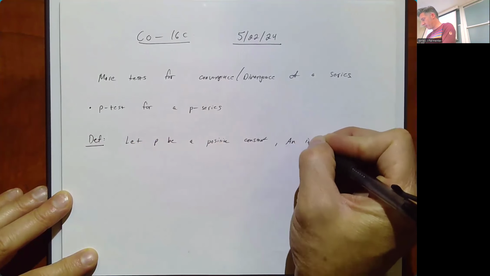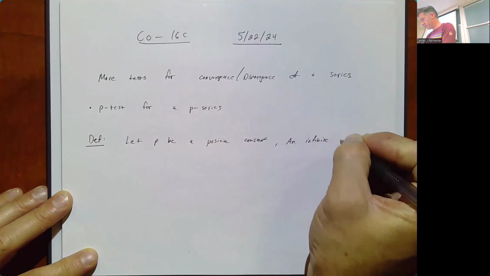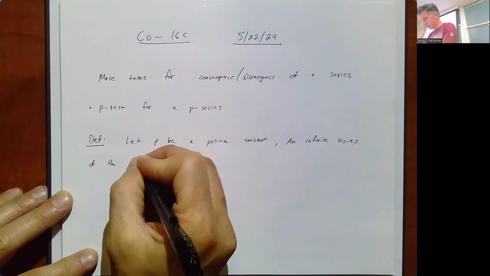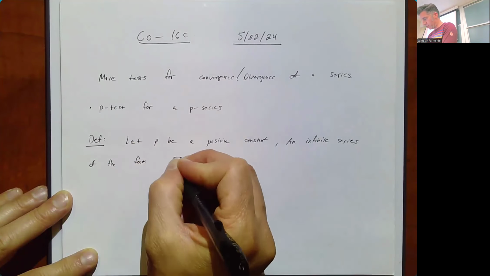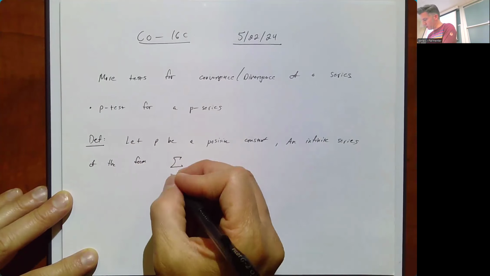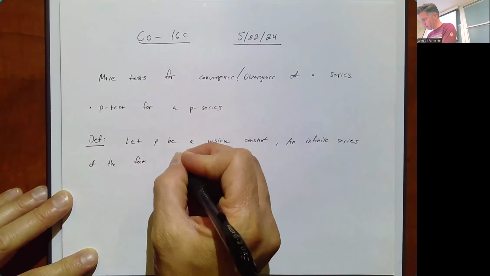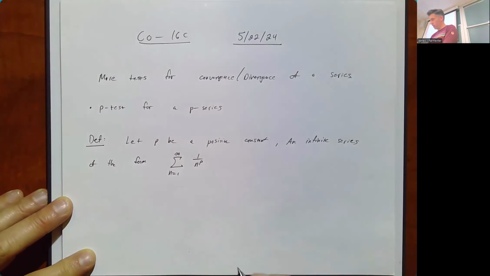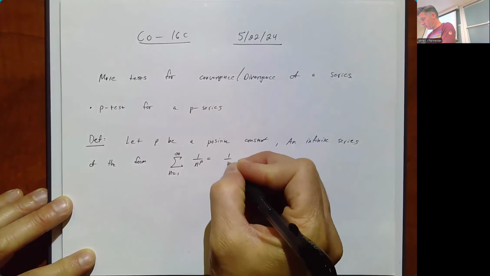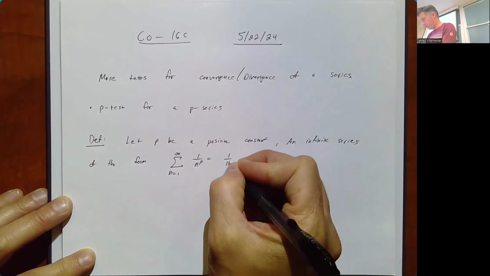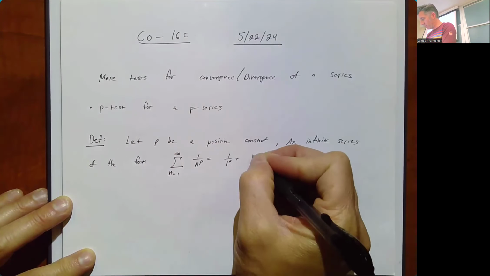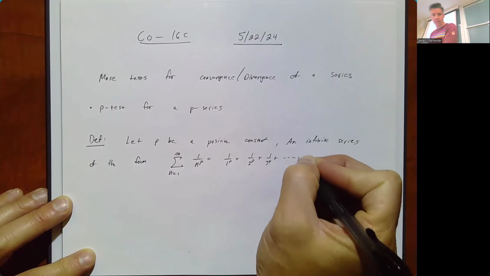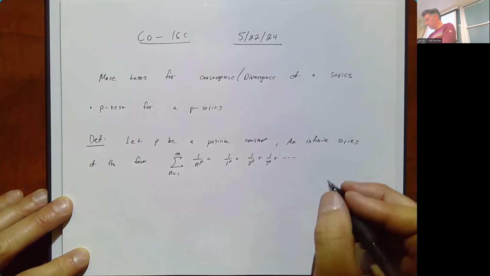An infinite series of the form the sum from n equals 1 to infinity of 1 over n to the p, which looks like 1 over 1 to the p, seems silly to write, but I'll write it, plus 1 over 2 to the p, plus 1 over 3 to the p, and so on and so on, is a p series.